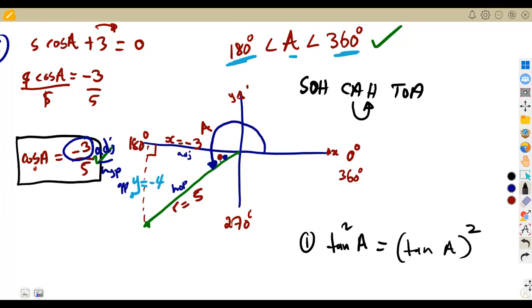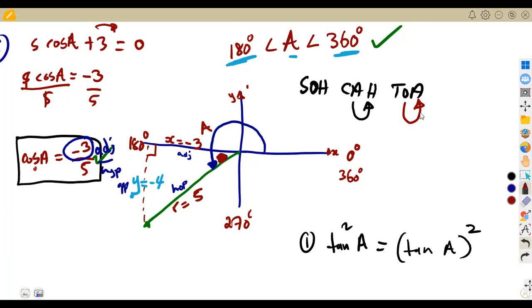So let us go back to our ratio for tan, which is opposite over the adjacent. You are referring to this as your angle A, but for the answer, you take the sides from the angle inside the triangle, this one.